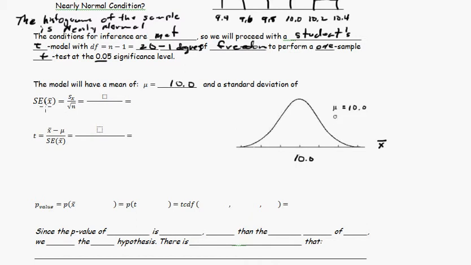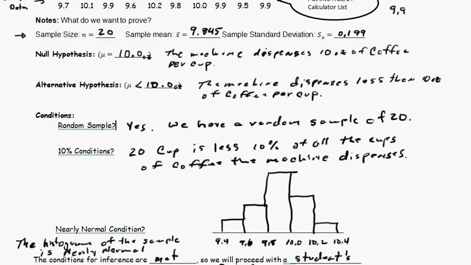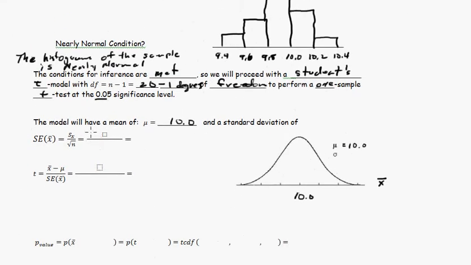So now the standard deviation was, what was it? Right here, 0.199. So we're going to have 0.199 divided by the square root of 20. And let's see, I'll just have to do that real quick. So 0.199 divided by the square root of 20.